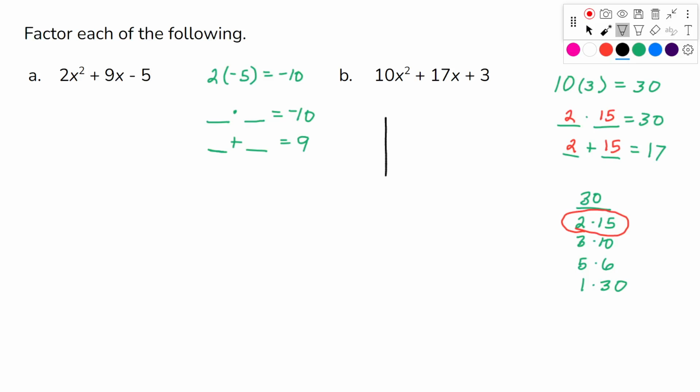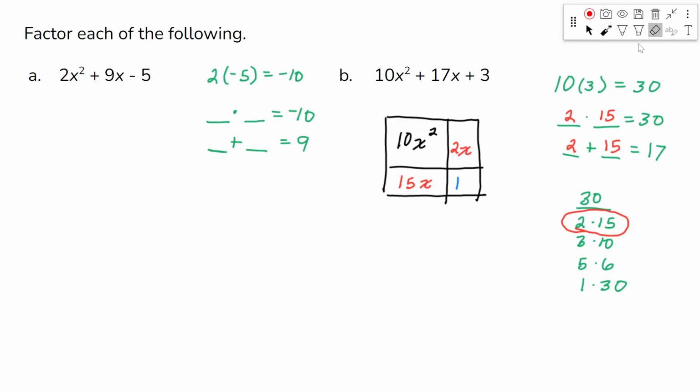So now, when I fill in my block, I can fill in the 10x squared. I can write 2x and 15x in here, and it doesn't matter where I place them. And I can place the units for 3 in here.